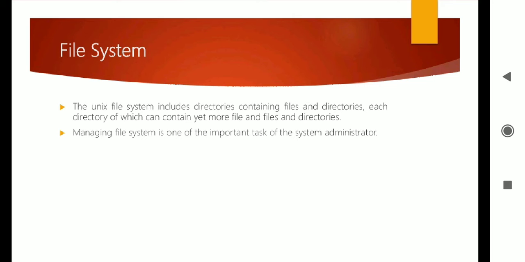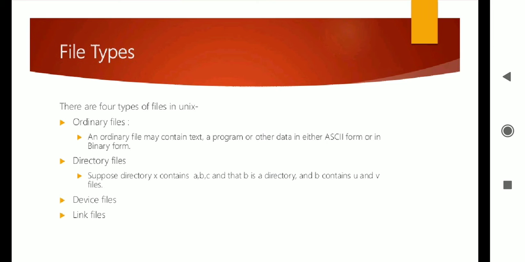That means what type of file is going to be stored or created, how it is going to be accessed, whether it can be accessed by all or only a particular user, depending upon the type and content of the file, when it has to be updated, whether it is to be executed or opened, and whether the file should be shared or not. All these activities are managed by the system administrator.